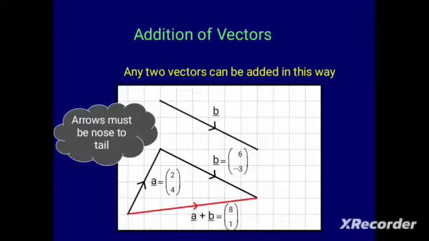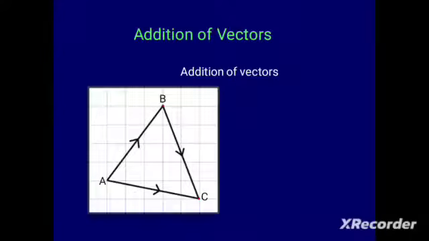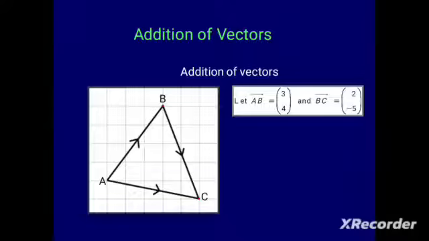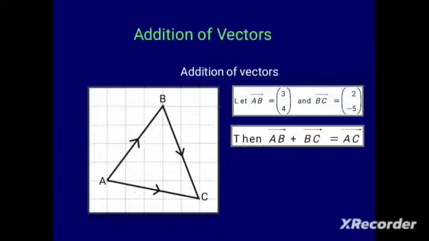Now, another part on addition. We have this diagram here in the form of a triangle ABC, and we are told that vector AB is 3, 4 and vector BC is 2, -5. Therefore, we can find vector AC.